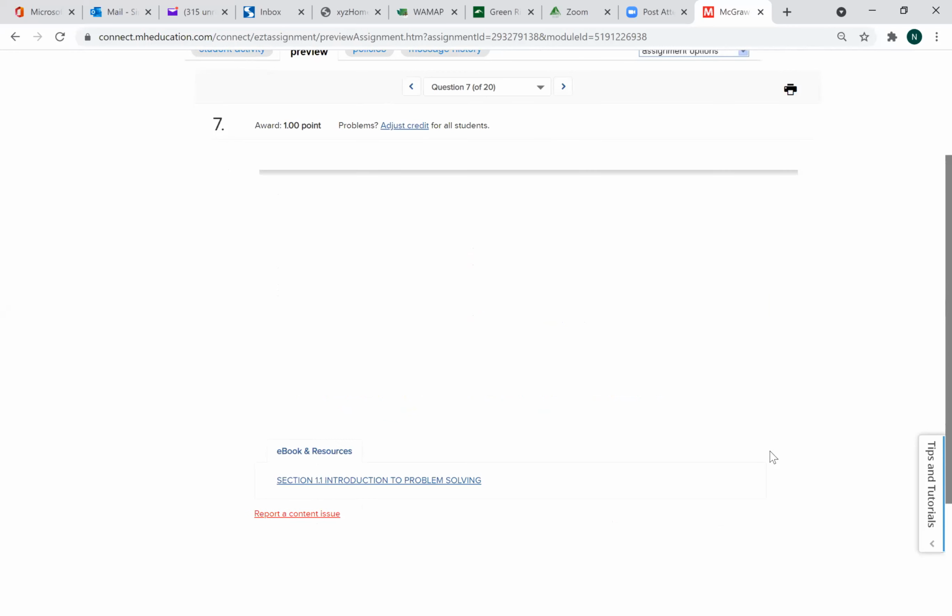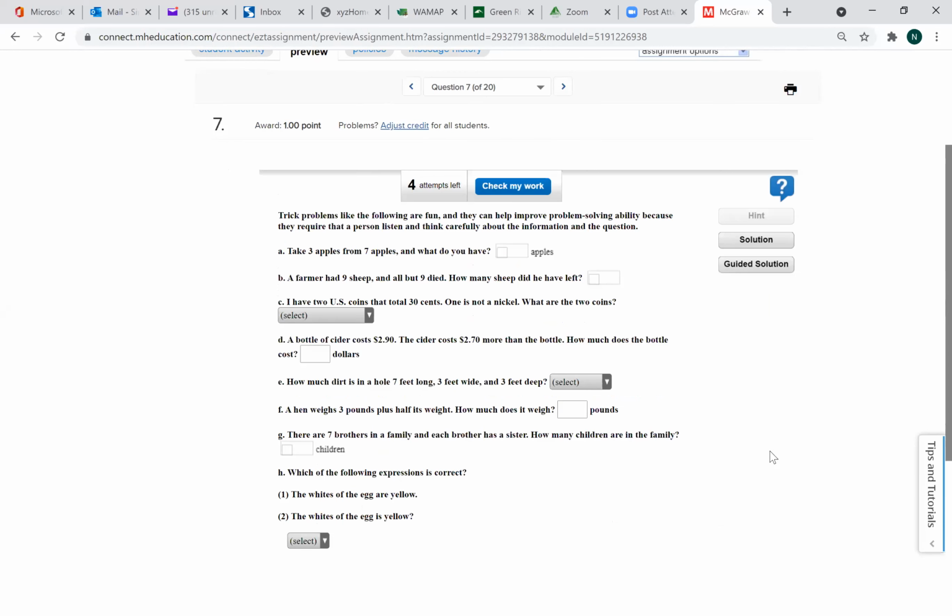I forget which one it was, but Balsam, you used the algebra to, oh, it was the bottle of cider problem. Yeah. And so with that problem, historically with this class, we have had to invoke algebra to solve that bottle of cider problem because we have an unknown and we have to have some way to represent the unknown.